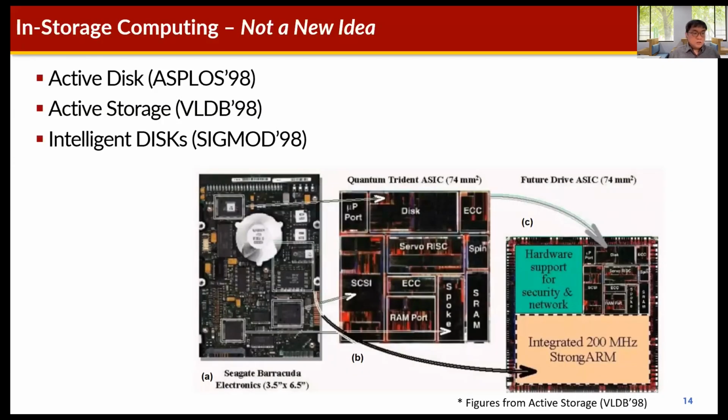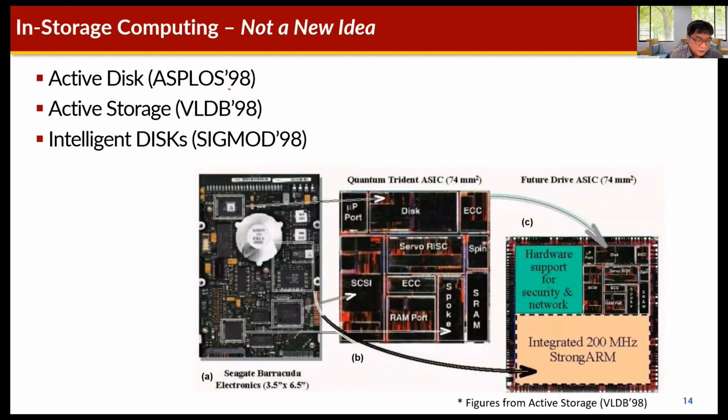Actually, in-storage computation is not a new idea. If you look at the year these example papers were published, you can find that they were published in 1998.